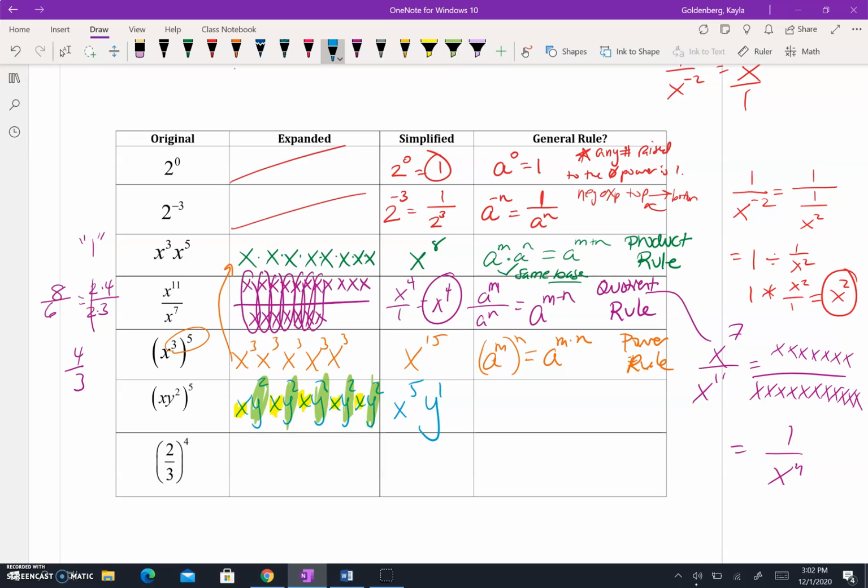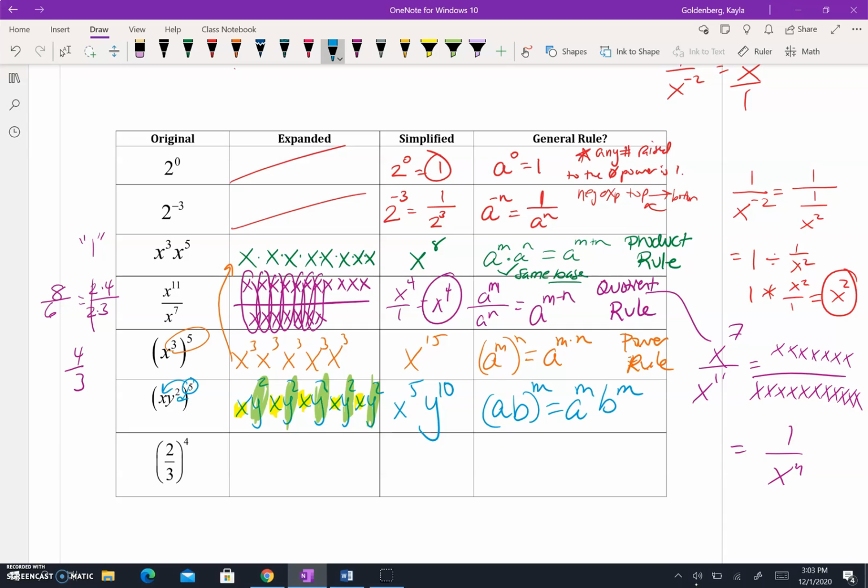So that'll give me y to the 10th power. So for this one, the general rule is that this 5 gets applied to both of these exponents, right? So if you have a times b all being raised to the m power, the a gets raised to the m power and the b gets raised to the m power.